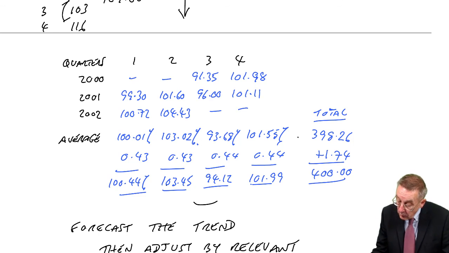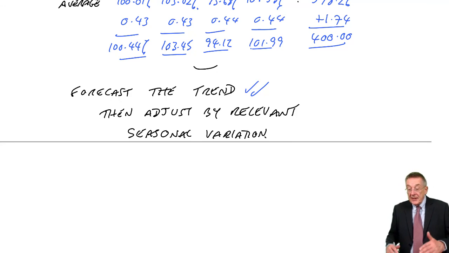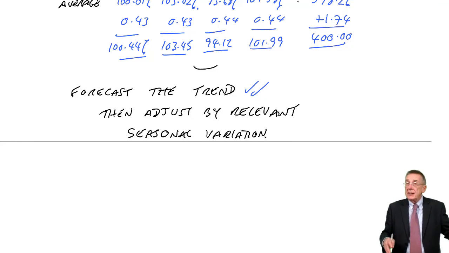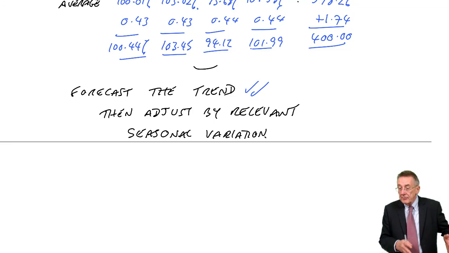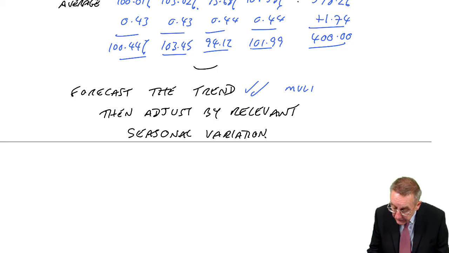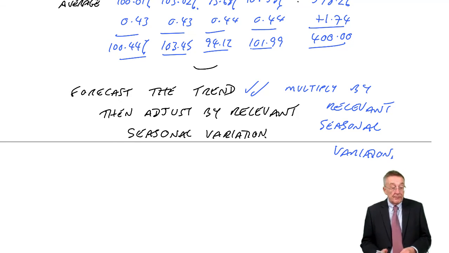And how will we apply that? Well, again, we'll forecast the trend, but this time, instead of adding or subtracting the variation, as we did when it was the additive model, we'll then multiply by the relevant seasonal variation. And there we are.